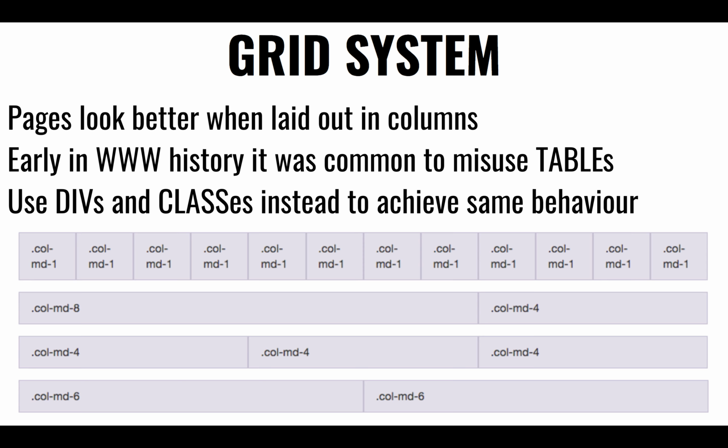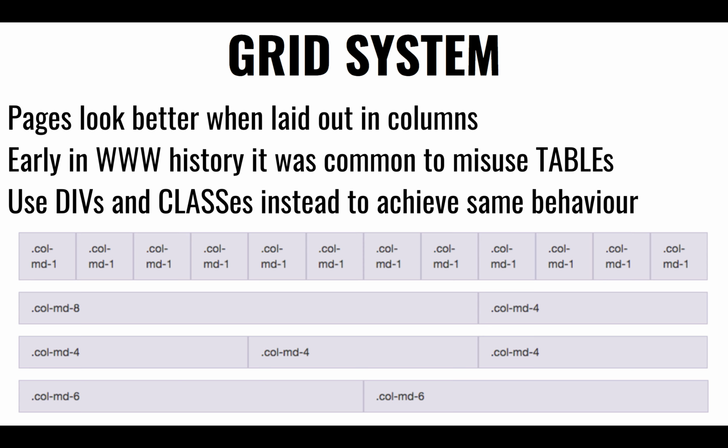Grid system. The grid system is one of the most important parts of Bootstrap that we're going to be using throughout the semester. If you remember, yesterday we mentioned that we should not be using tables for laying out pages, especially if we were trying to lay out content side by side, as in columns. Before the use of CSS, it was very common to use tables, or misuse tables, for that purpose, to achieve these vertical columns.